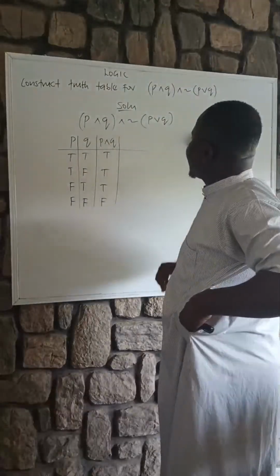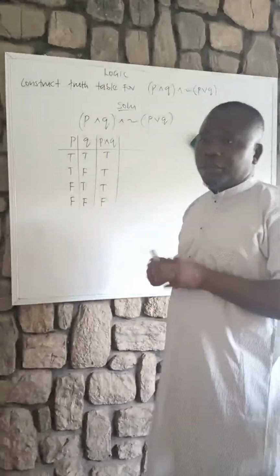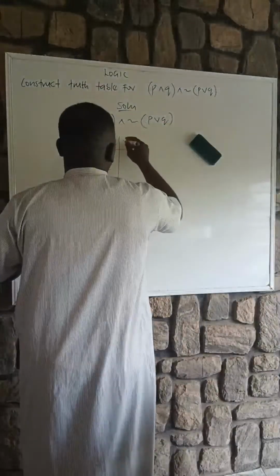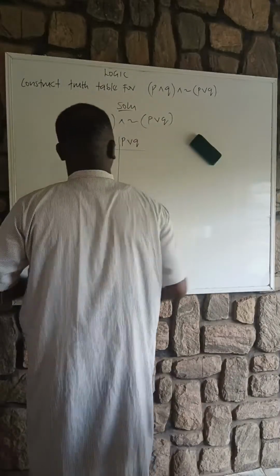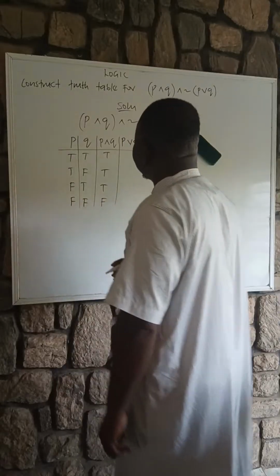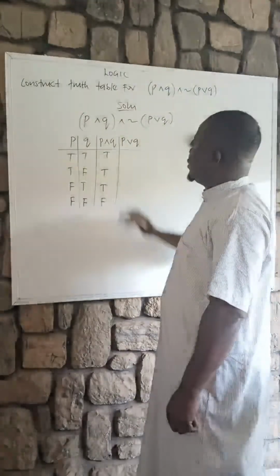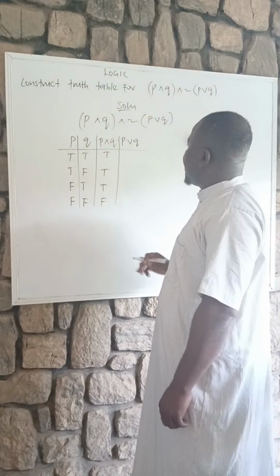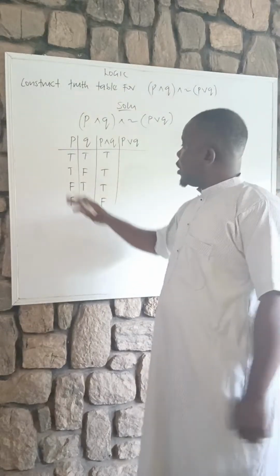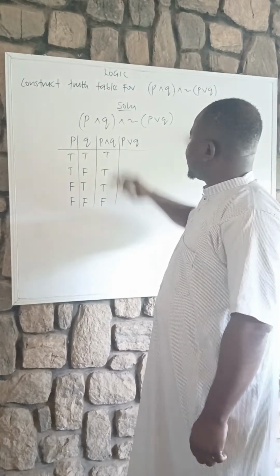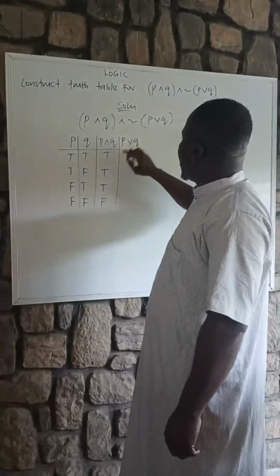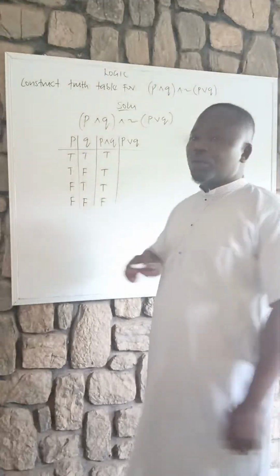Let us consider conjunction, right? P conjunction Q. Amen? Amen. Talking about P and Q, we need to come here. And this one too, we are going to consider the rule.